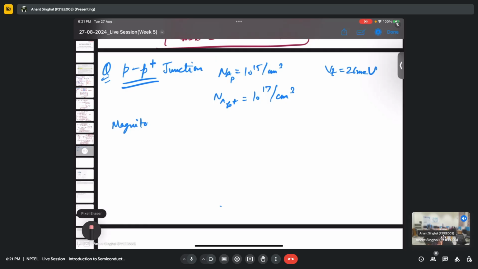Yeah, the first part is again to sketch the band diagram. You should always write in your notebooks side by side. And the second problem is the magnitude of VBI. It will be better if anyone can explain how the band diagram will be made for this, and then we can go for the VBI.